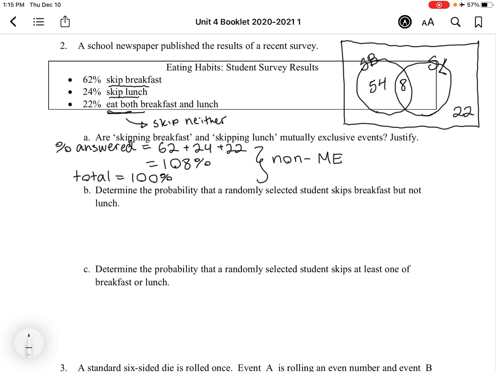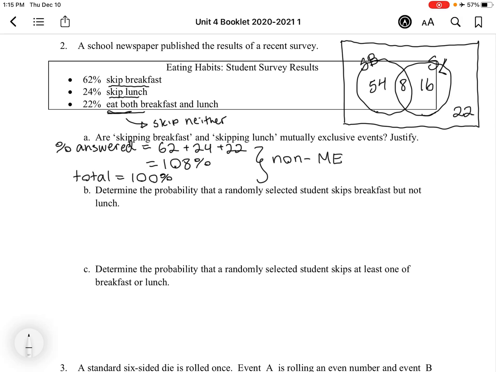And then for lunch, it has to add up to 24. 8 plus what is 24? This is 16. Okay, so for part B, determine the probability that a randomly selected student skips breakfast, but not lunch. So that's only breakfast.